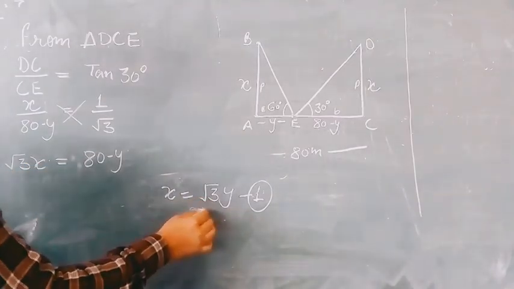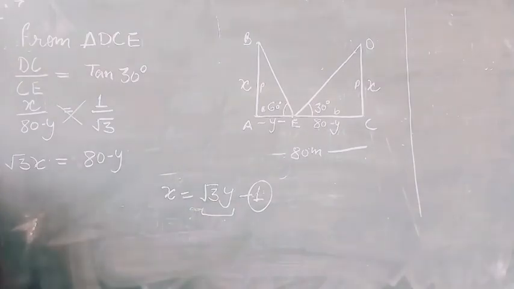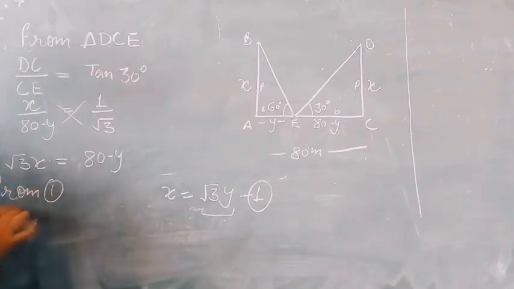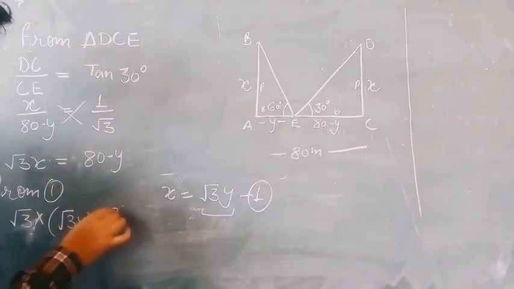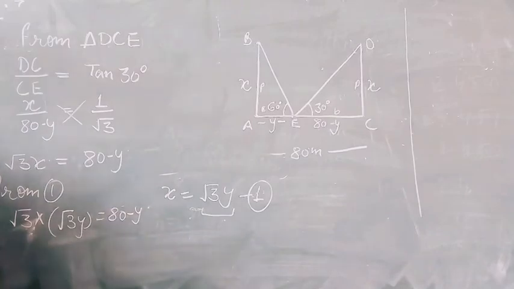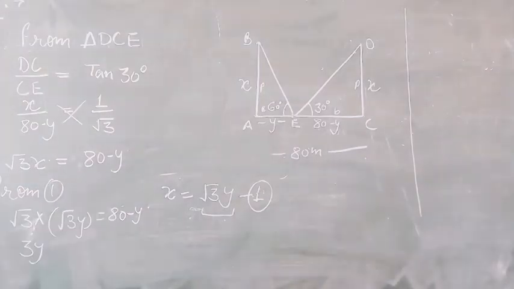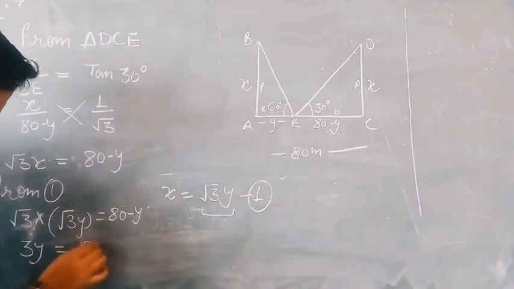Now replace the value of x. We know it is square root 3 y in equation 1. So you can write from 1, square root 3 multiplied by square root 3 y will be equal to 80 minus y. Square root 3 multiplied by square root 3 will be equal to 3, so 3y equals 80 minus y.